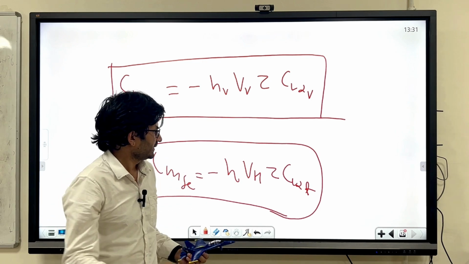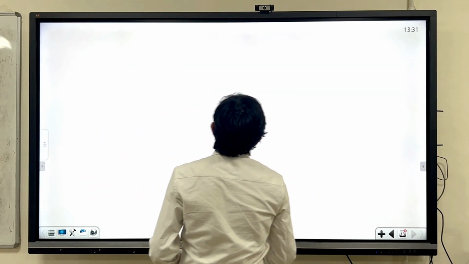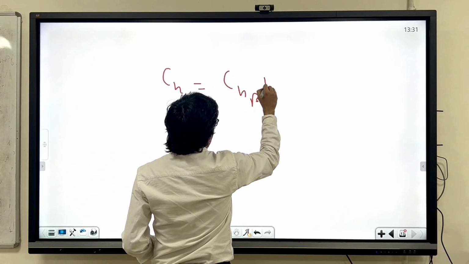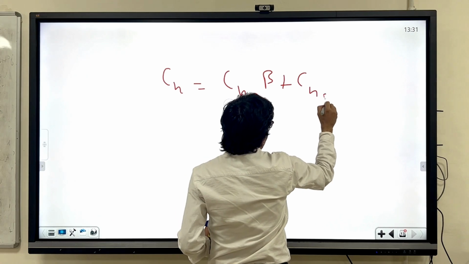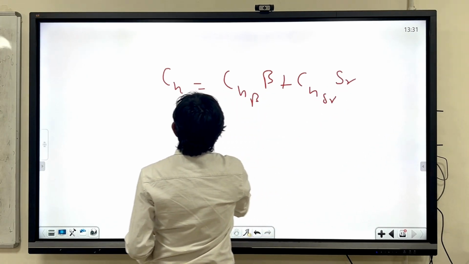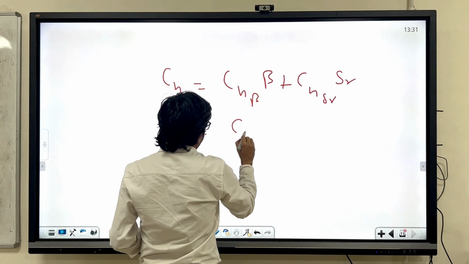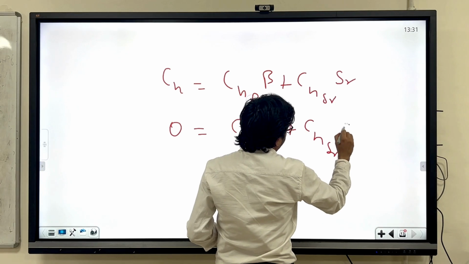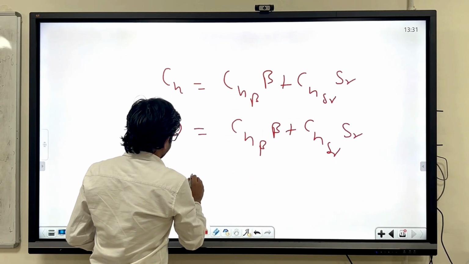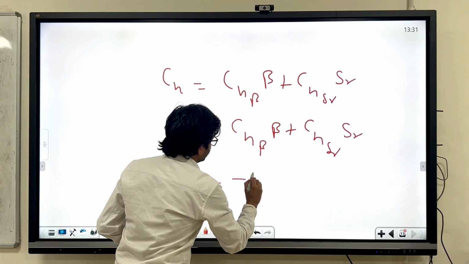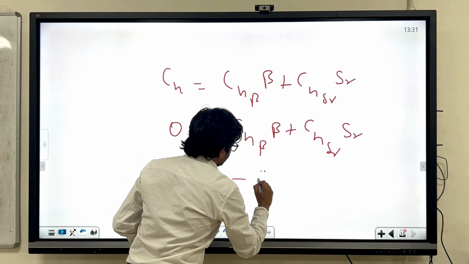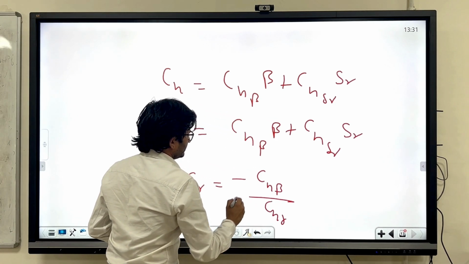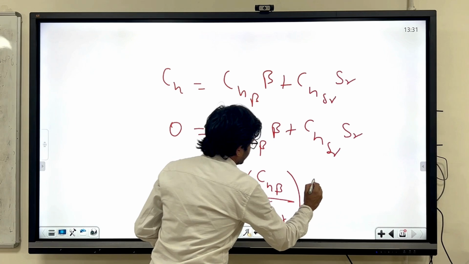Mathematically also you can see, Cn is Cn beta into beta plus Cn delta r into delta r. If you want no yawing moment, then Cn delta r into delta r equals minus Cn beta into beta, so delta r equals minus Cn beta divided by Cn delta r, into beta.